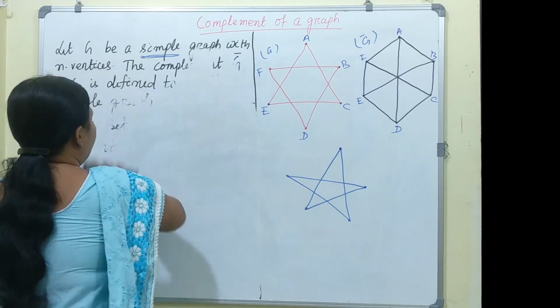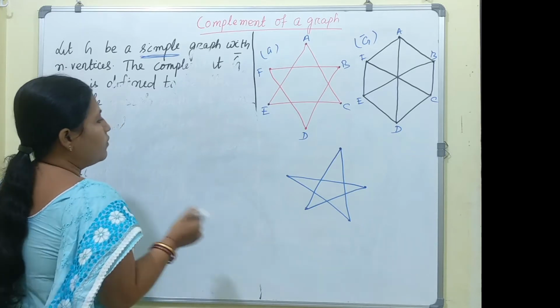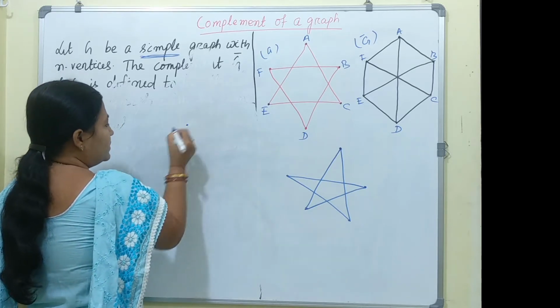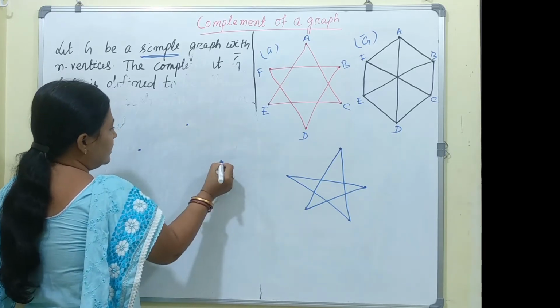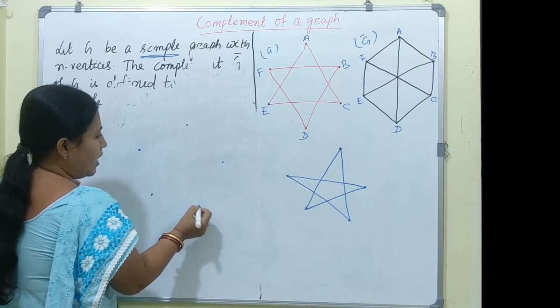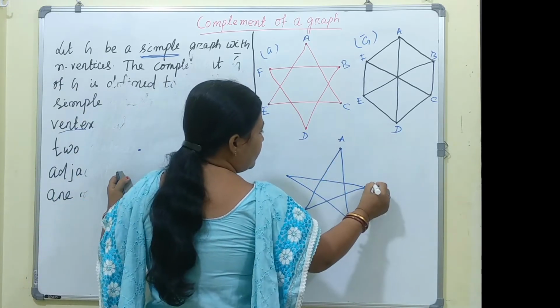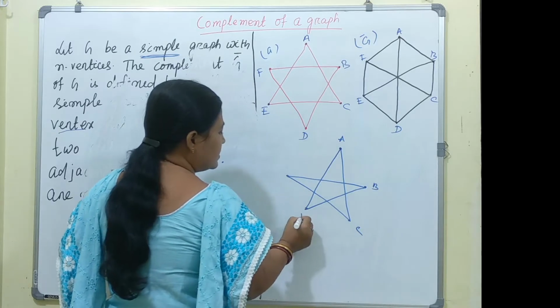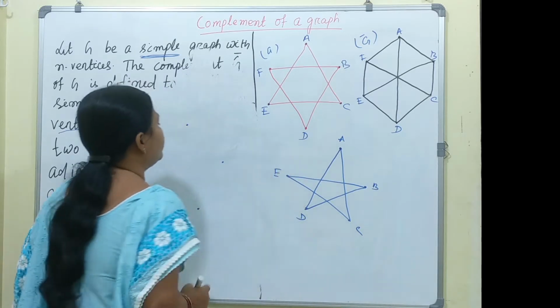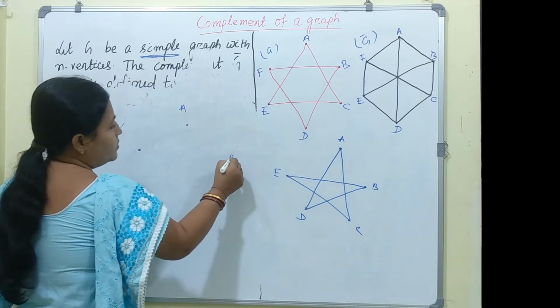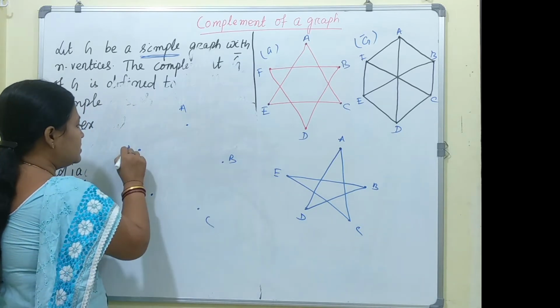There are 5 vertices. Now we'll take the same number of vertices, that is 5: A, B, C, D, E. This is A, B, C, D, E.